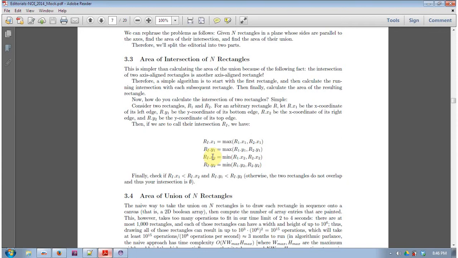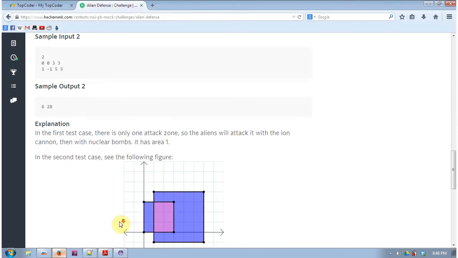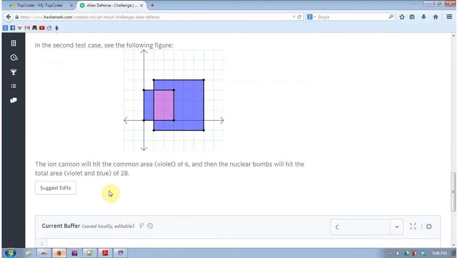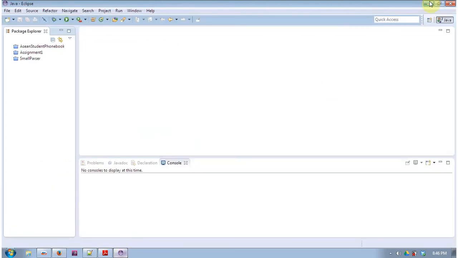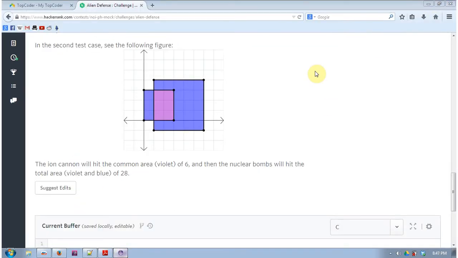If these are null, automatically the intersection of n rectangles is null. I hope I explain this well, since the intended listeners are high school students, so hopefully this goes well.